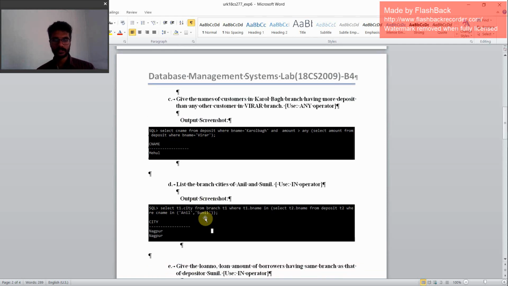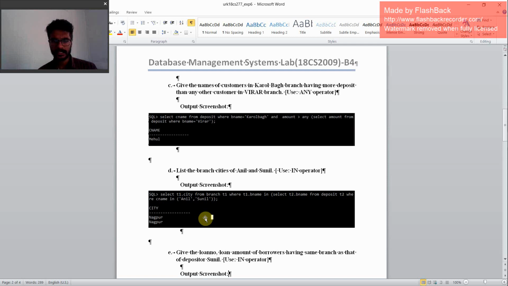The fourth question is to list the branch cities of Anil and Sunil, also using the IN operator. Select T1.city from branch T1 where T1.B name in select T2.B name from deposit T2 where C name in Anil, Sunil.